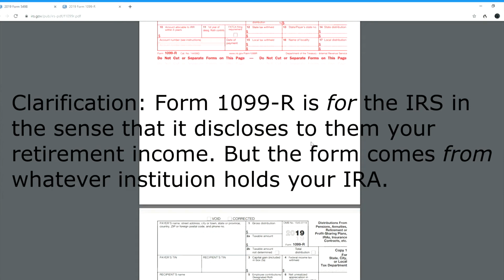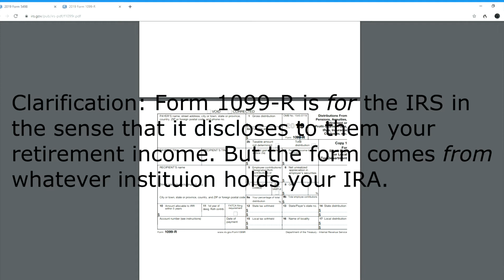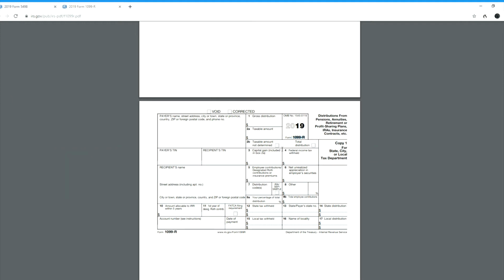It's actually this form, the 1099-R, which you can see here, that's going to include the amount of the distribution, the taxable amount of that distribution, and so on. And this is the form that you actually have to do something with. You would take this form to your tax preparer, and your tax preparer would include the information on this form as part of your tax return.